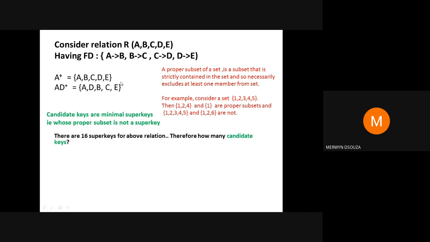Let's look, after you have found the super keys, at whether a super key can be a candidate key. We have already seen the definition of candidate key in the previous video, so please watch that video if you are not aware of what I am talking about. In the previous video, we discussed that candidate keys are minimal super keys, or keys whose proper subset is not a super key.